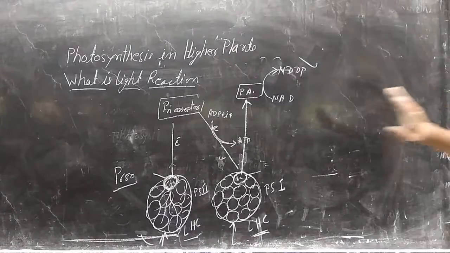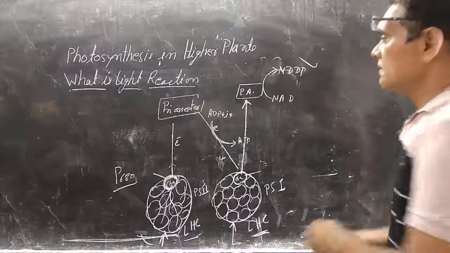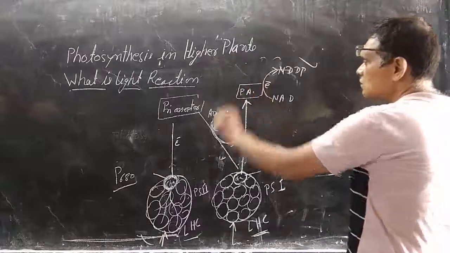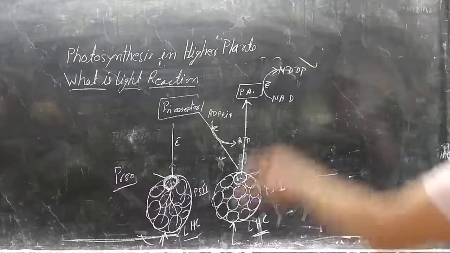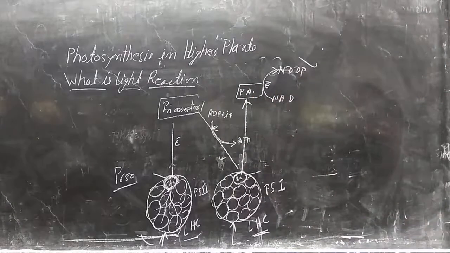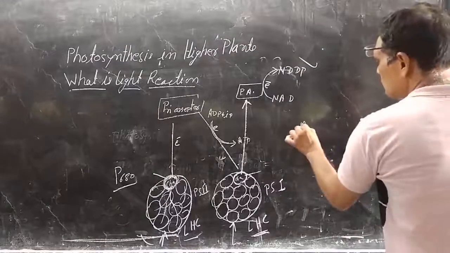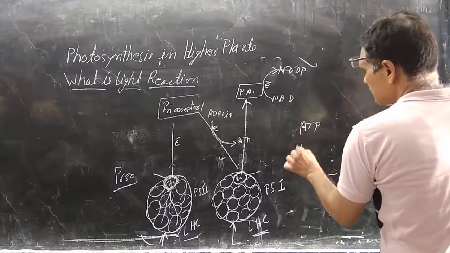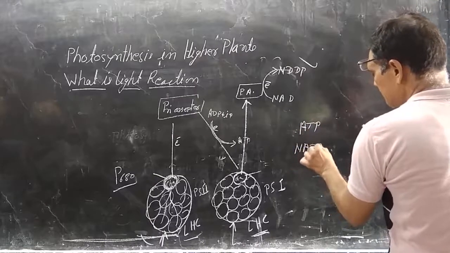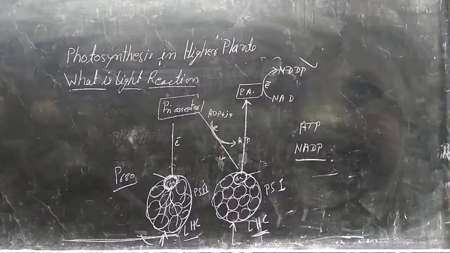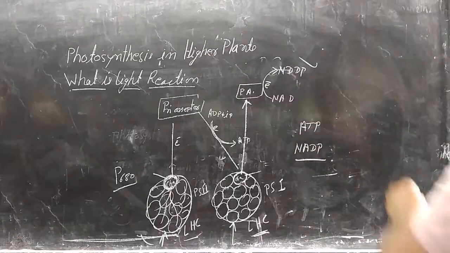Here the electron is transferred to NADP, to form NADPH. So these two things are formed: one is ATP molecules, and another is NADPH. NADP is nicotinamide adenine dinucleotide phosphate.